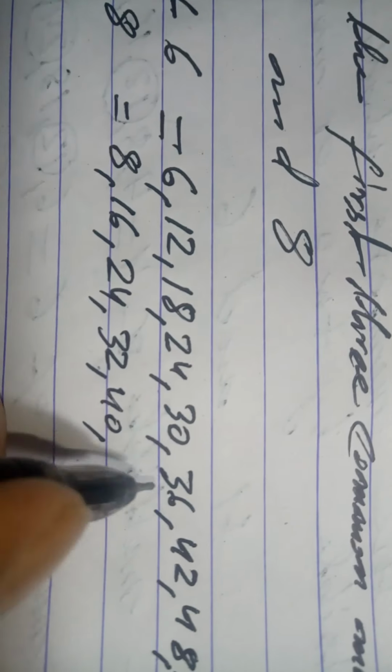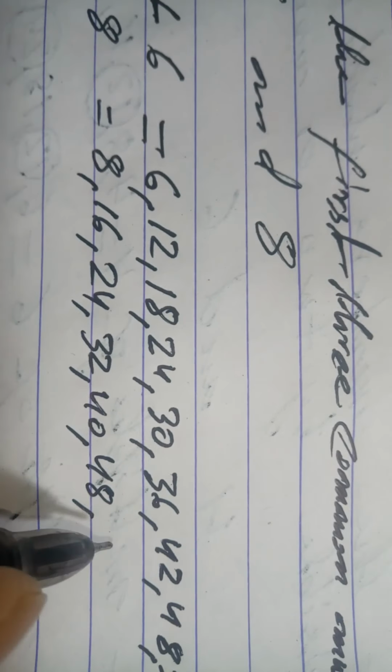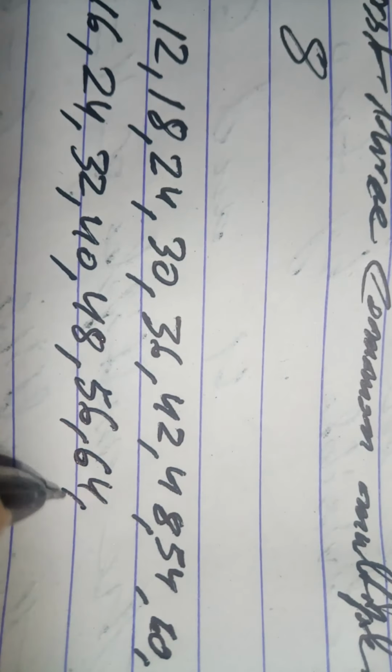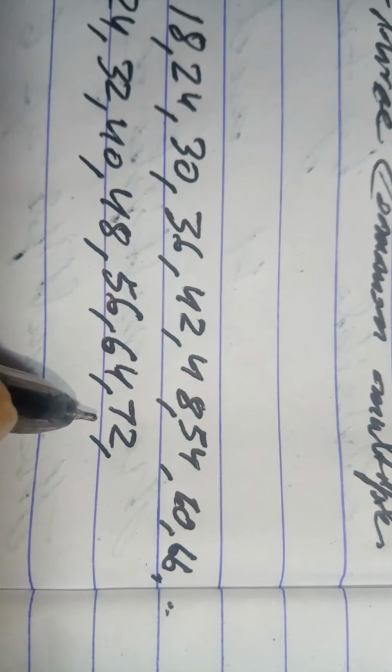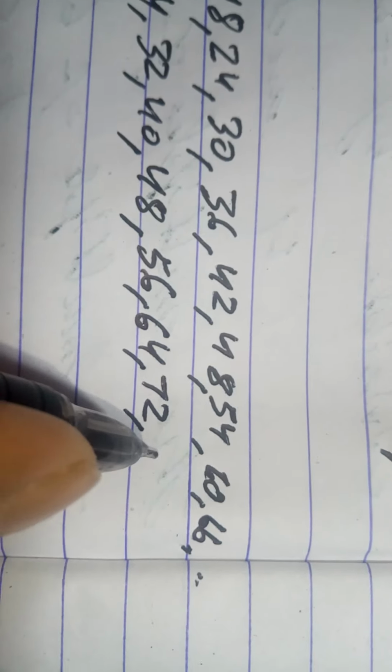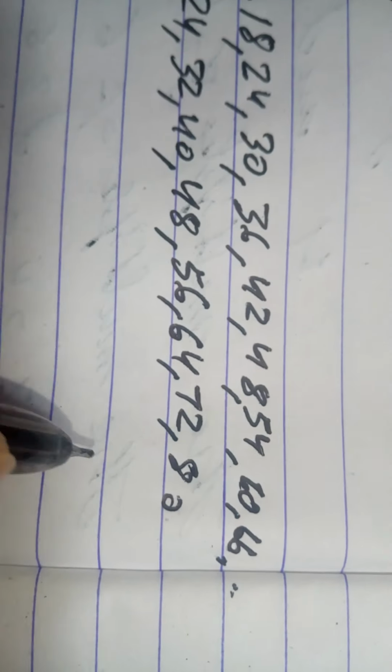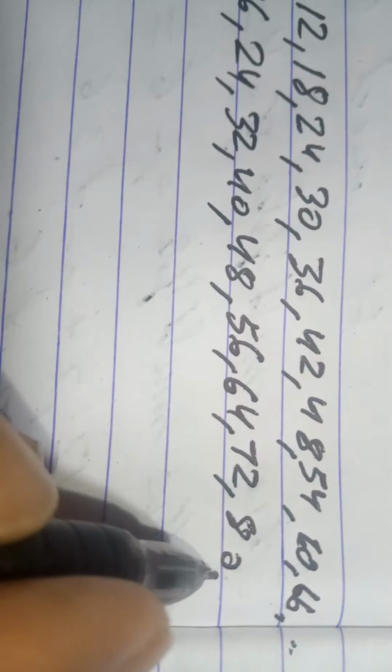Multiples of 8: 8, 16, 24, 32, 40, 48, 56, 64, 72, 8 times 10 is 80, and so on. Infinite.